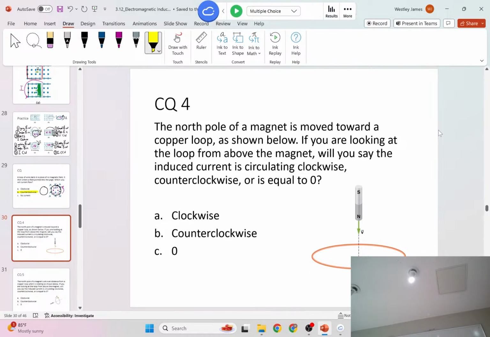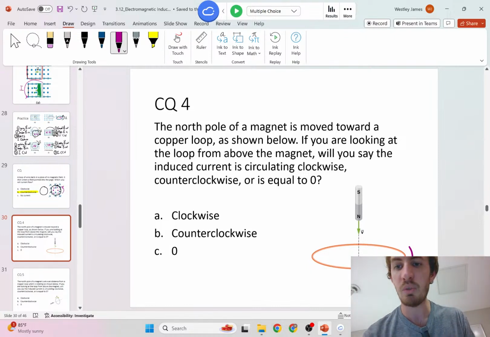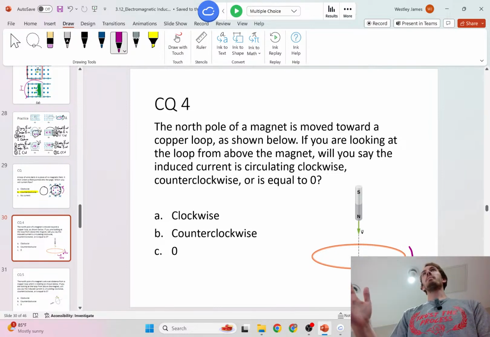If you were looking at the loop from above, which is kind of like how we're looking at it, would you say that the induced current is clockwise, counterclockwise, or zero? To clarify clockwise and counterclockwise, I'll draw it on the picture. So clockwise would be this way, counterclockwise would be the other way. So those are the two, or zero.